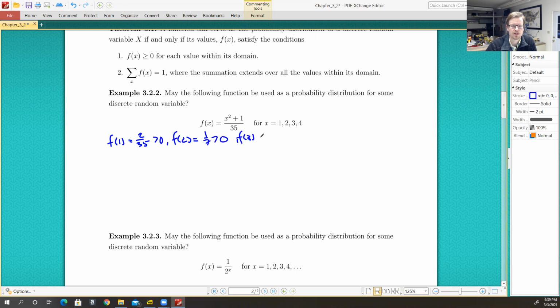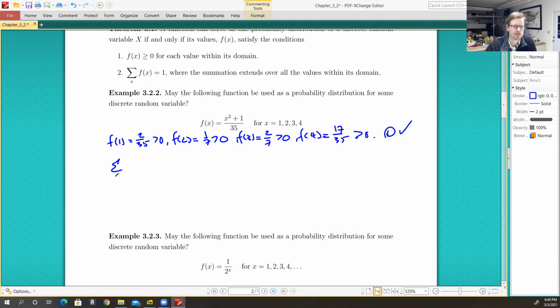F of 3 is equal to 3 squared plus 1 is 10. 10 divided by 35 is 2/7, which is greater than 0. F of 4 is equal to 4 squared plus 1 is 17. 17 divided by 35 is 17/35. Excellent, which of course is still greater than 0. So we have condition 1 satisfied.